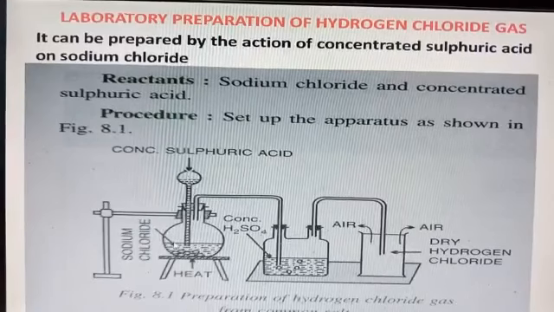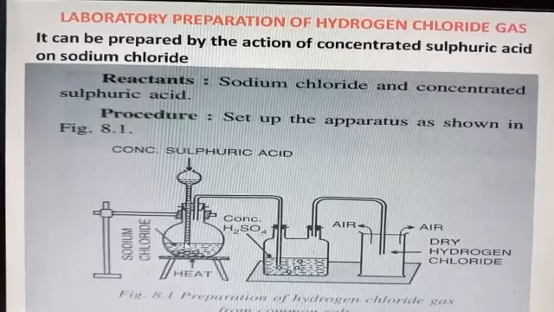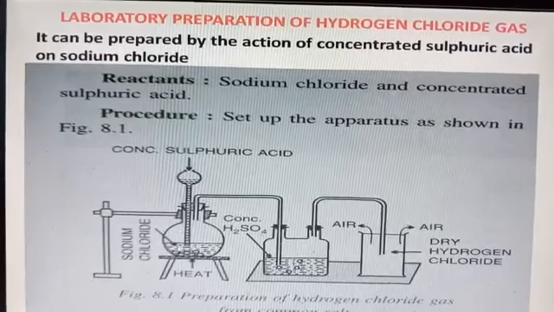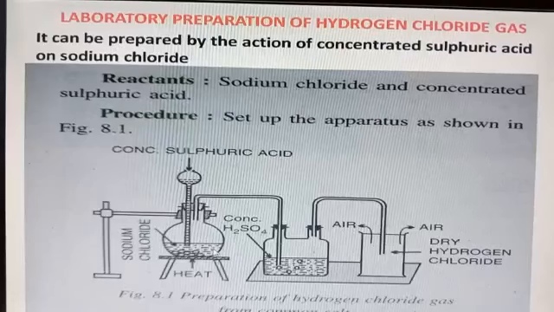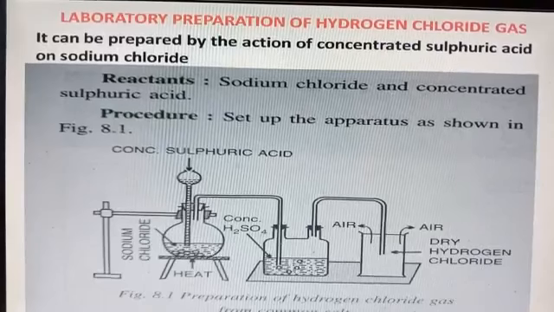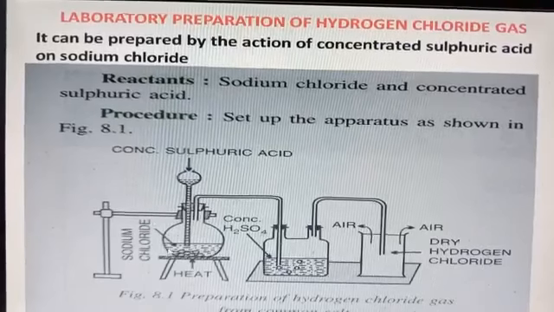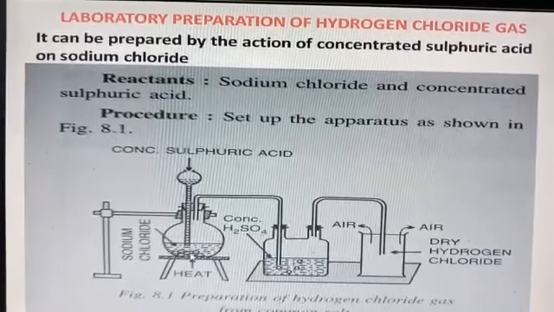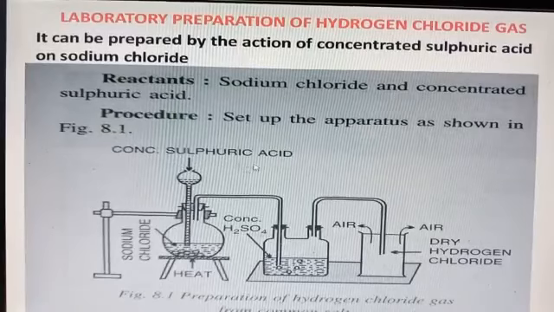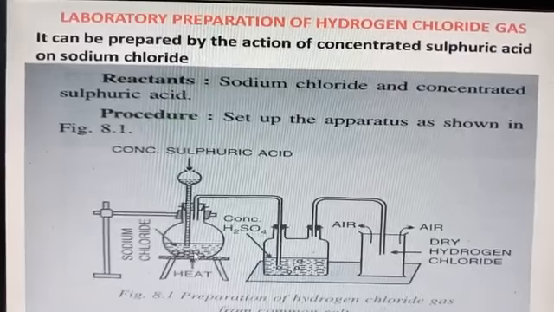So the end of the thistle funnel has to be immersed inside the liquid, which is concentrated sulfuric acid. The reaction proceeds slowly in the cold. That means first you take sodium chloride, and then you mix in concentrated sulfuric acid through the thistle funnel. Up to this time you have not supplied heat.